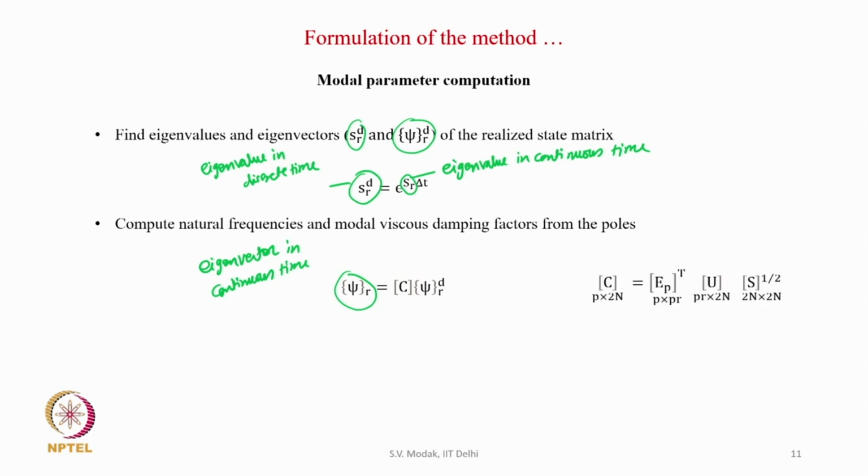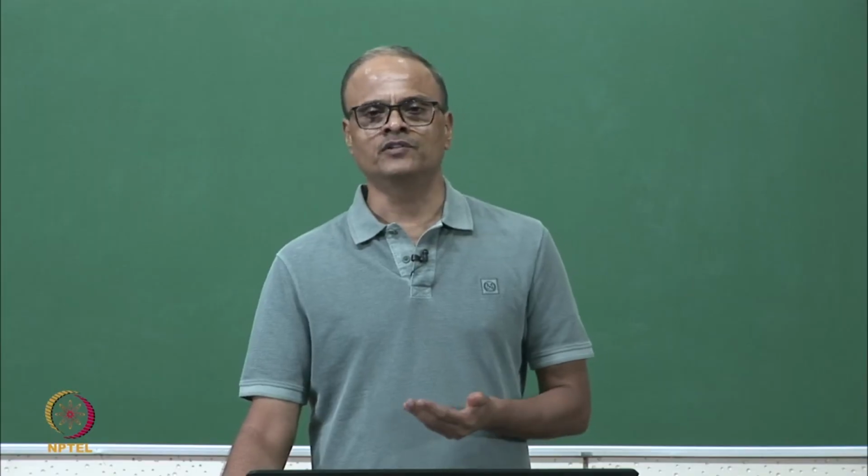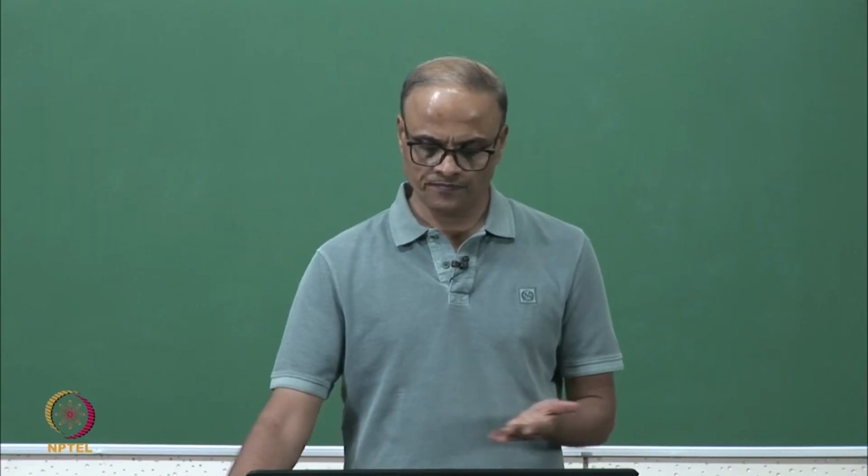So, it is equal to E p transpose u into S to the power half, and E p is given by this expression. It consists of an identity matrix and null matrices. Okay. So, this is the output matrix. Then we can substitute this output matrix in the equation and find the eigenvectors in continuous time. So, in this way we obtain the modal parameters from the measured free pulse responses.